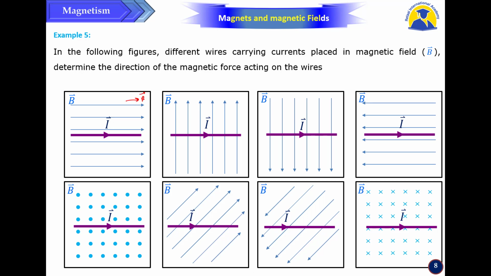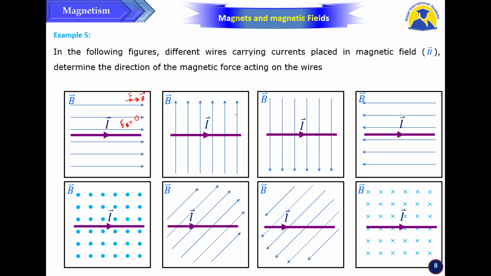This one B. And the direction of L, or we can make it easier, the direction of current, is also to the right. The angle between these two vectors is 0. So sine 0 is 0, so there will be no force. So here the force FB will equal 0. This means no force.